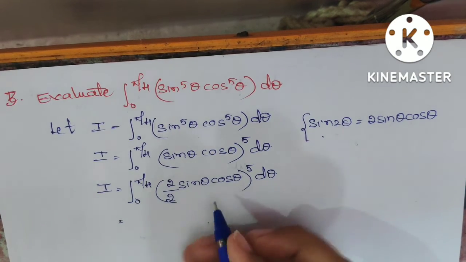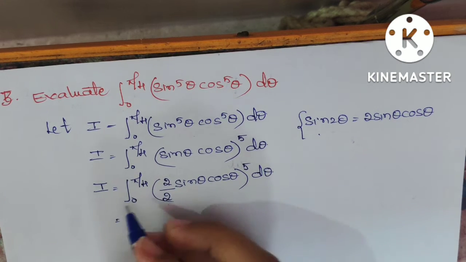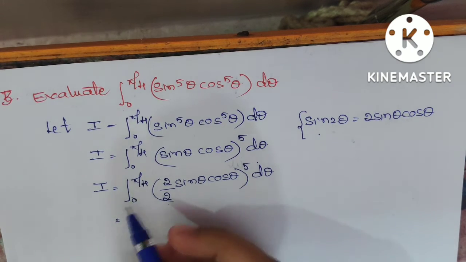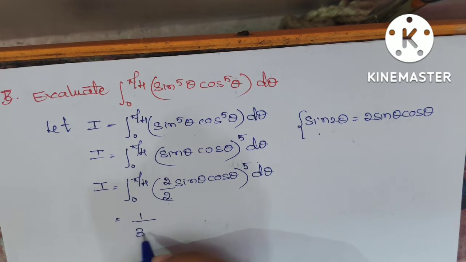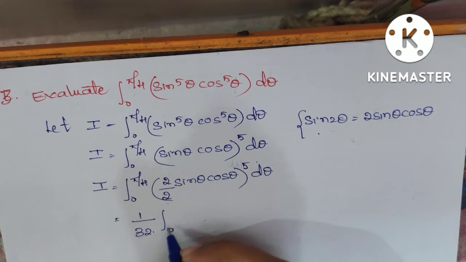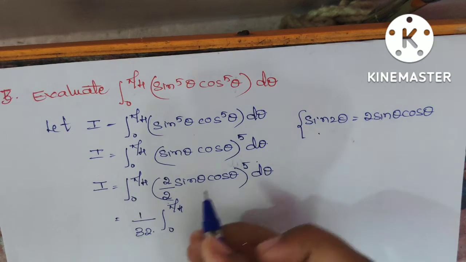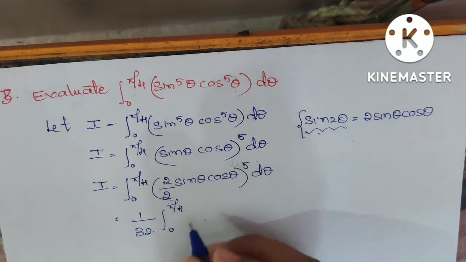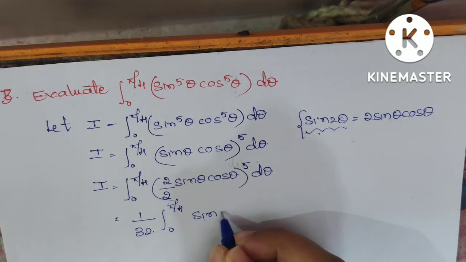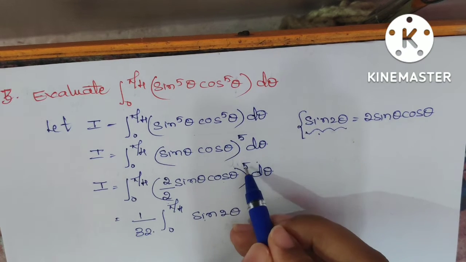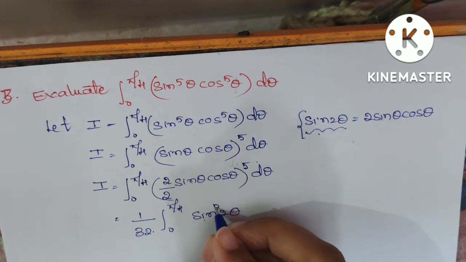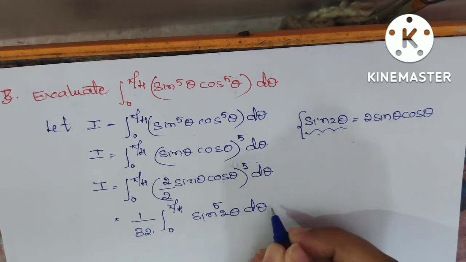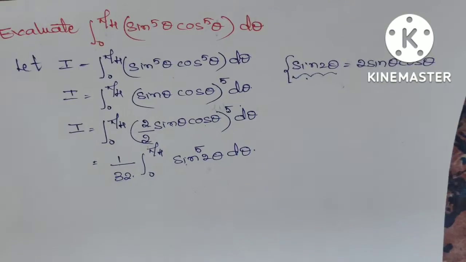So this equals, I'll take 1 by 2 to the power of 5 outside. 1 by 2 to the power of 5 is 1 by 32. Integration from 0 to pi by 4, 2 sin theta into cos theta is sin 2 theta. Here I have power 5, sin power 5 2 theta into d theta.